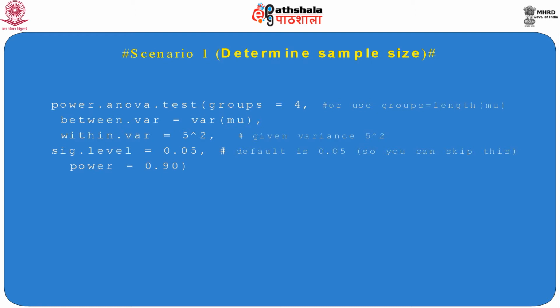If we assign it, it will take significance as 0.05, otherwise we may assign something else. By default it is considered as 0.05, and power is also considered as 0.90. It can also be assigned as 0.80 or other values as power.